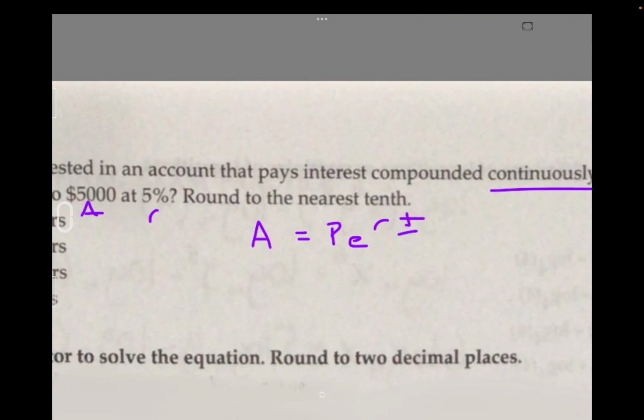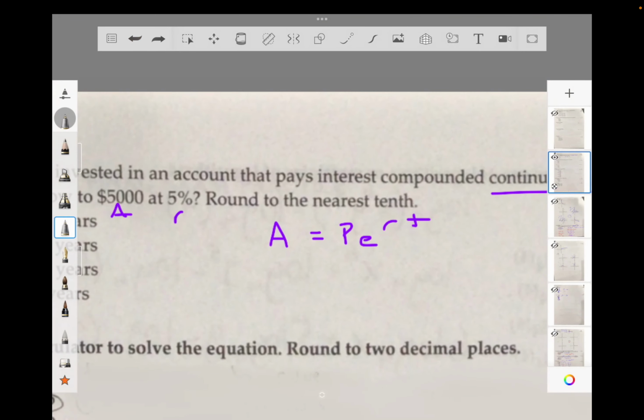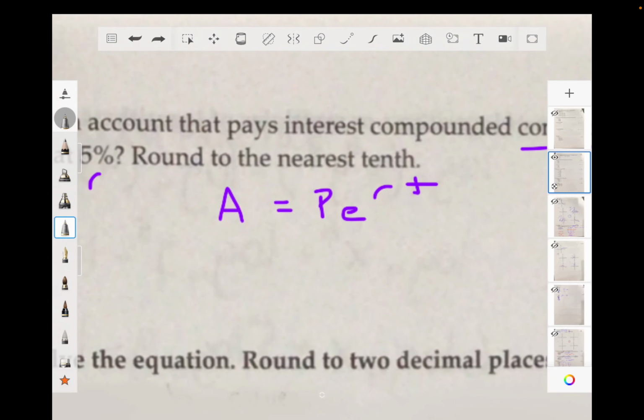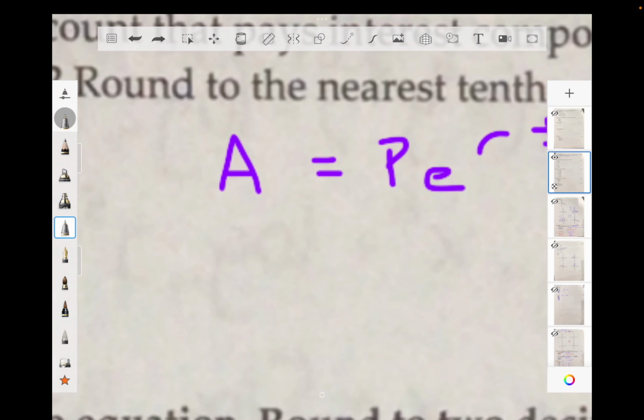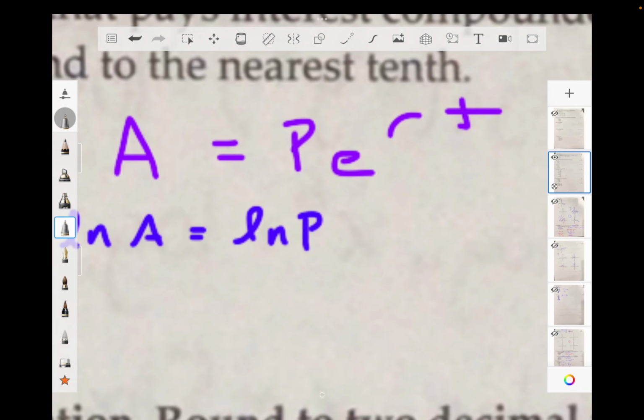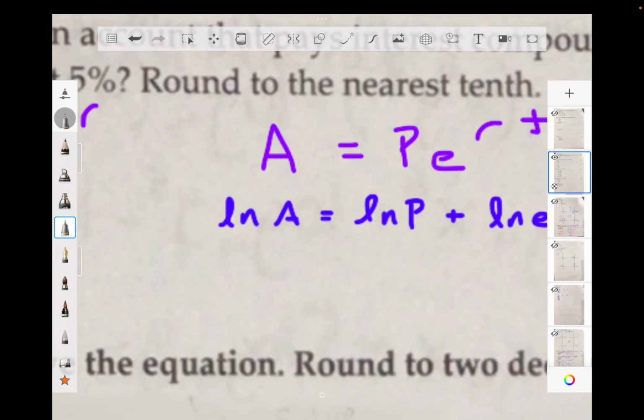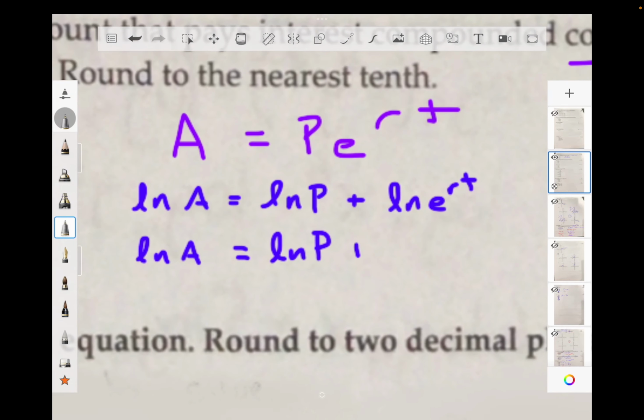So this time I'm just going to kind of speed run it a bit, because the last one I took a little bit slow. So we take a natural log of both sides. It's going to be natural log of A equals natural log of P plus natural log of e to the RT, which of course just becomes RT. Natural log of A equals natural log of P plus RT.